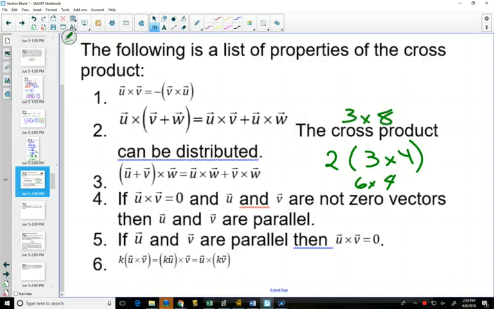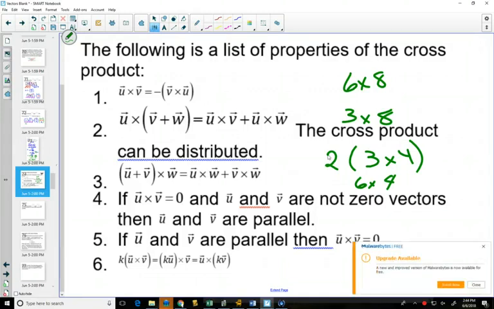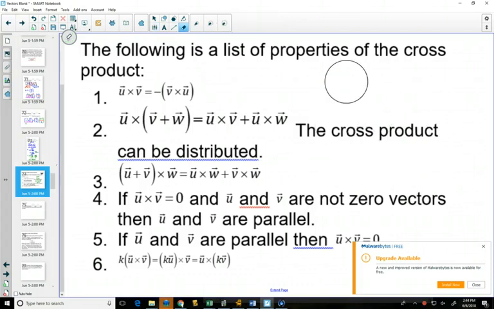I cannot choose to do 6 times 8 and get 24. That would be bad. You could get 48 and then just divide it by 2 because you screwed up, yes. But we do not distribute when multiplying. Okay.